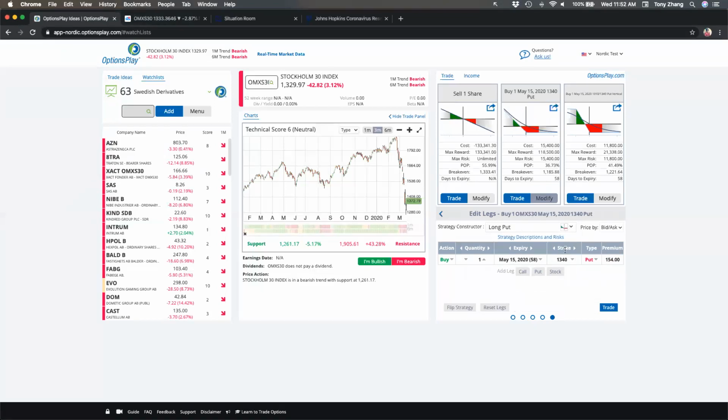You continuously sell puts to reduce the cost of this put option that you're purchasing, which gives you that long-term bearish view on OMX S30, but continuously reduces the cost of this trade from 154 crowns down to 122 crowns. And maybe the following week you sell another put for 25 crowns and further reduce the cost of this trade, so that by the time May 15th comes around, you may have paid close to zero on this particular put.